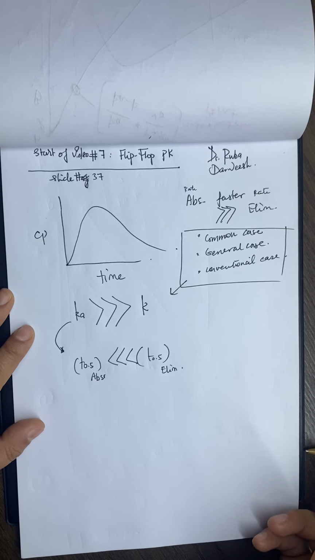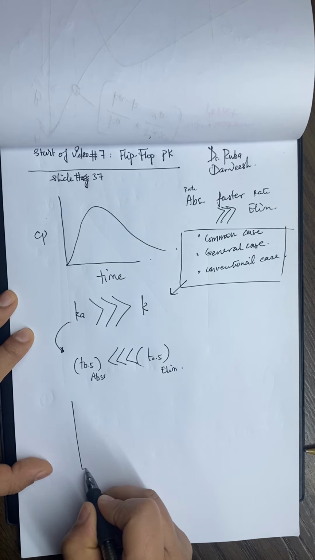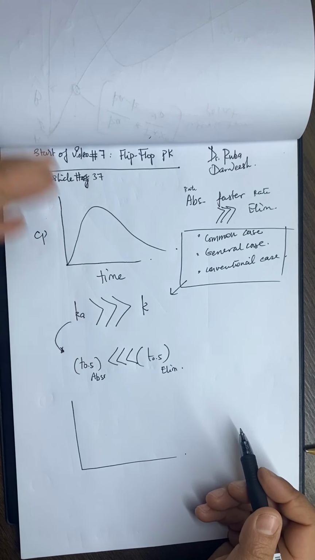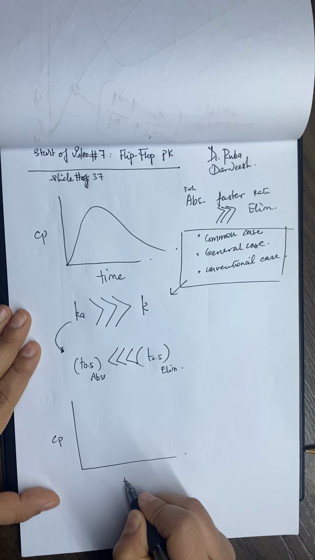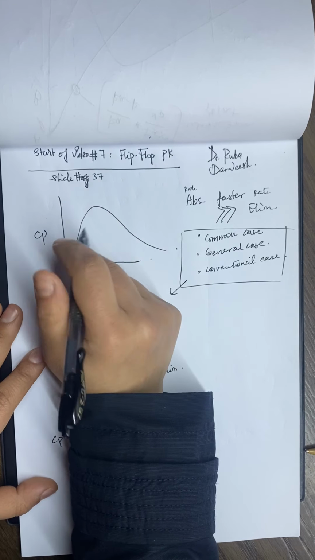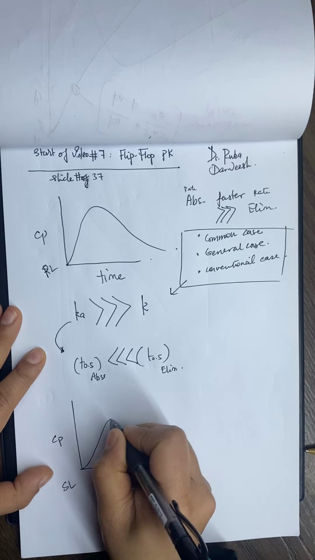So according to this, when we were doing the residual method, or when we were doing K and Ka determination, this is for sure because it's two curves from two sides. This is rectilinear and this will be semilog.